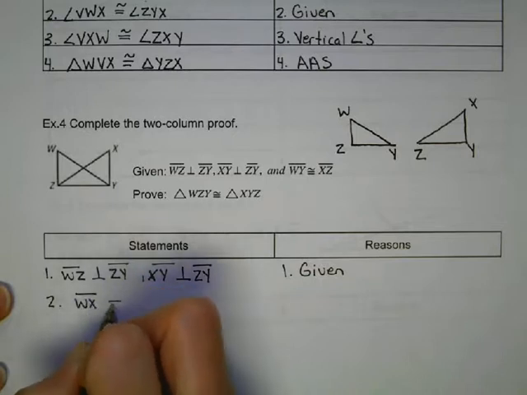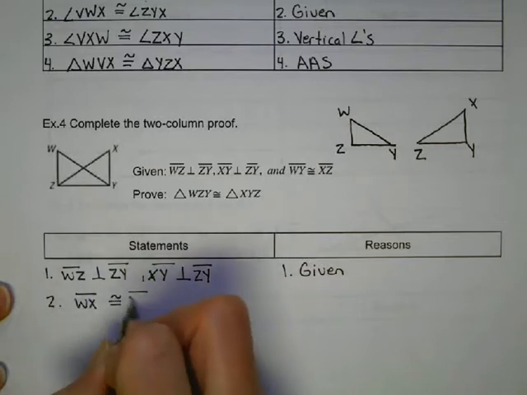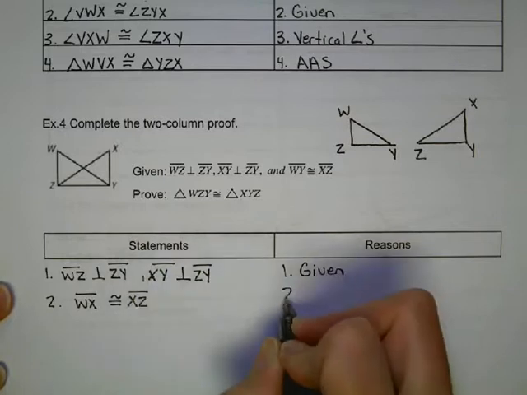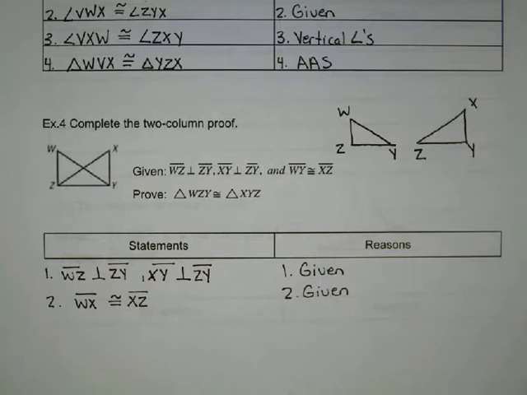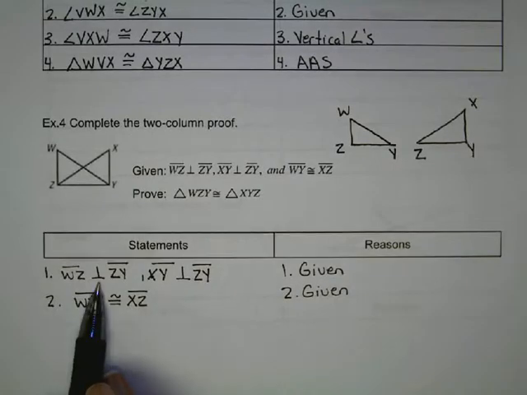You don't have to do that. You can write it all together. The reason I kind of separate is because I like to see my three congruent symbols, but this one has a perpendicular symbol instead of congruent.